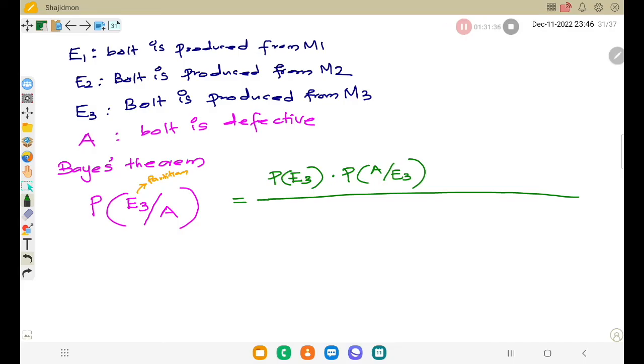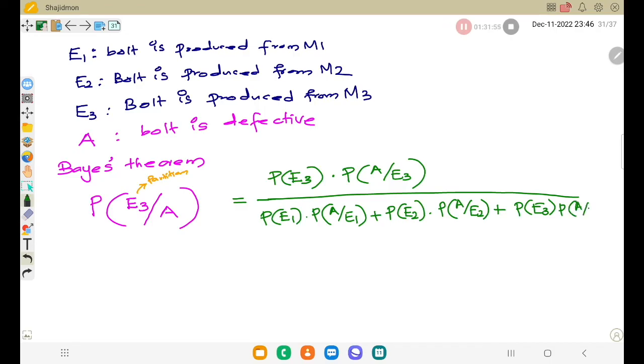Total probability means probability of E1 multiply probability of A given E1, plus probability of E2 multiply probability of A given E2, plus probability of E3 multiply probability of A given E3, correct? The probability of the particular partition is on the top, divided by total probability over all the partitions. Okay, so we will get it like this. Now we need to calculate each of these values.